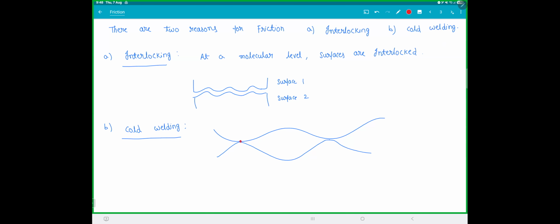It's like your entire weight is falling only on these two points. This leads to high pressure at these points. When two surfaces are in contact, few points are touching each other.